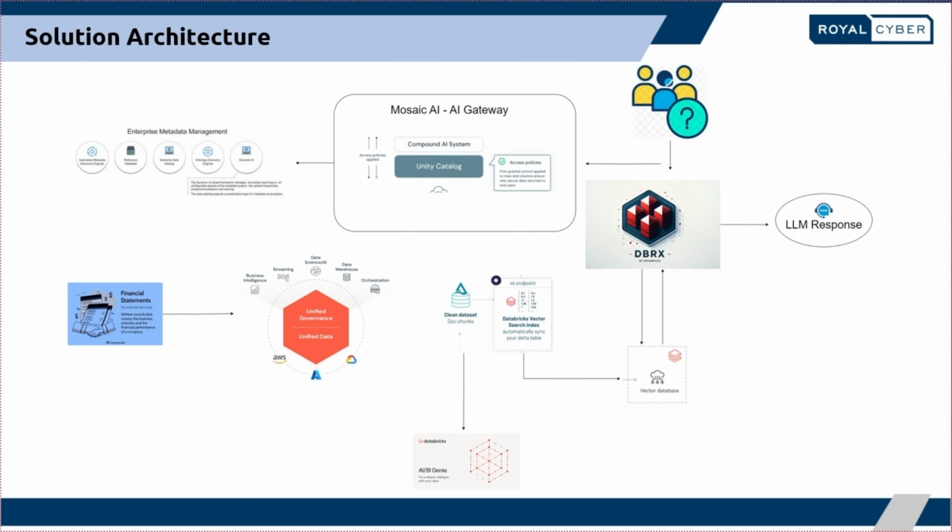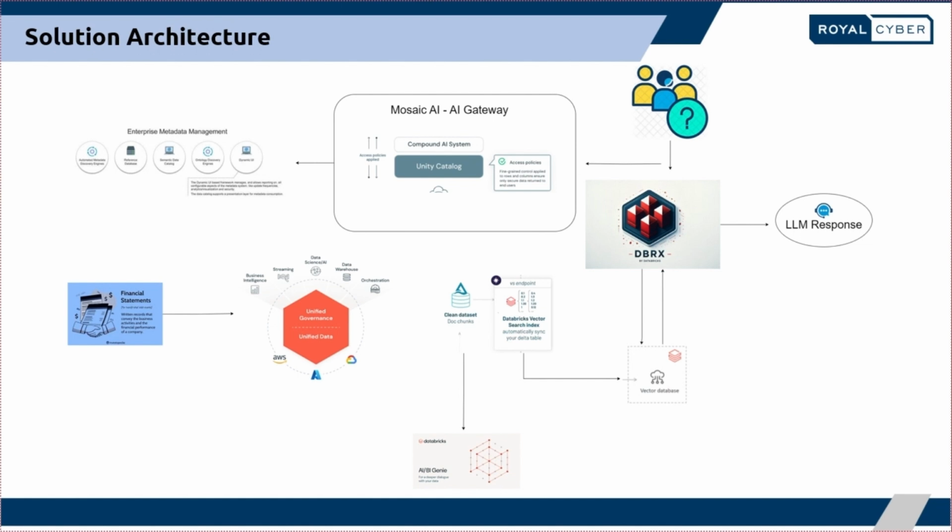Back to the clean dataset. Once we have the clean dataset, we are going to use the Databricks vector search index in order to create the vector store. This capability is also provided within Databricks itself, so we don't need to use any third-party or external tool for creating vector search indexes. Once the vector search index is created, we set up our model, which is the Databricks DBRX.